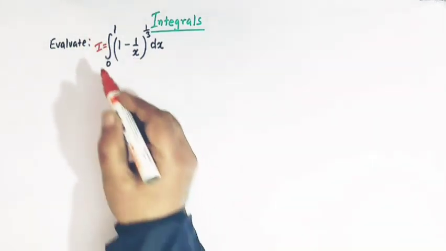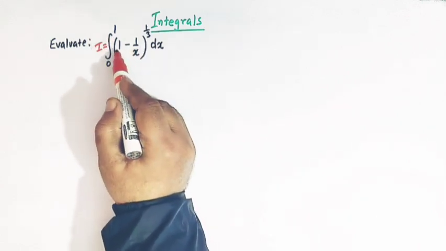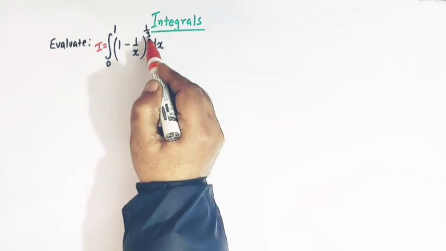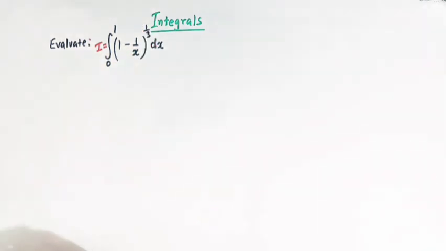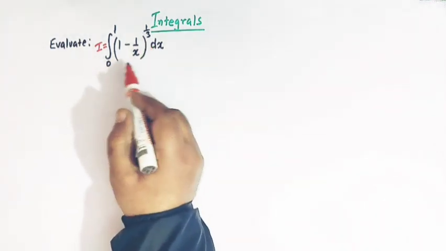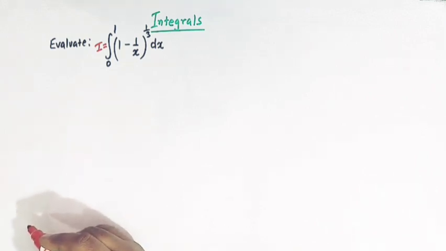Now see, here we have the integral 0 to 1 and the integrand is (1 minus 1 over x) raised to 1 over 3. So here we'll see how we can convert this integral into a beta function, and then subsequently we can apply the properties of beta function and the relation between beta and gamma functions and other properties, right?